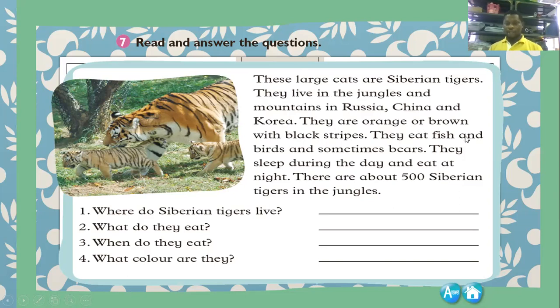They eat fish and birds and sometimes bears. They sleep during the day and eat at night. There are about 500 Siberian tigers in the jungles.